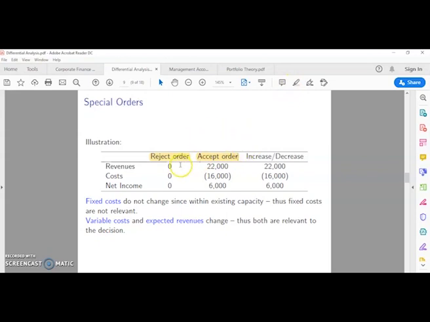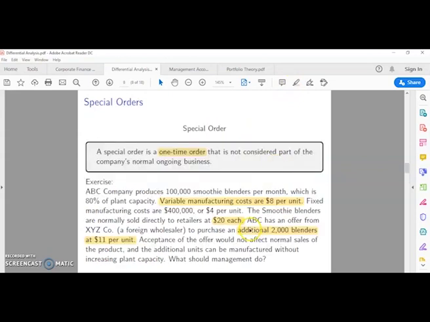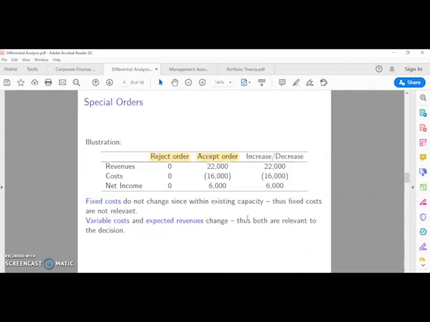If you reject the order, what will happen? In this case, the revenue is zero because you are not making any revenue. You reject the order. The cost is zero because you are not producing anything. Therefore, the net income will remain zero out of this option.